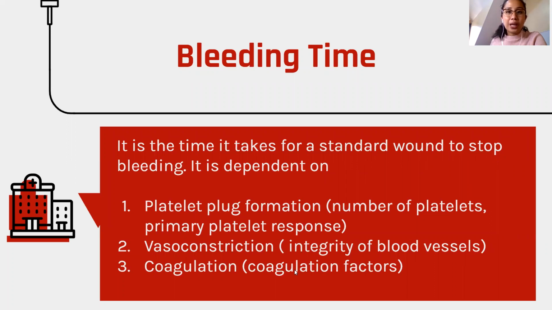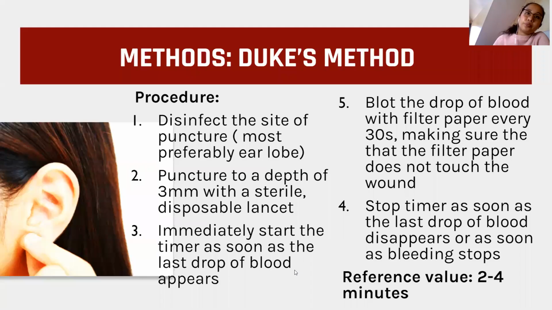So it will depend on the platelet plug formation, so it depends on primary hemostasis. It depends on the integrity of blood vessels, and actually it can also depend on the coagulation factors. But bleeding time is for primary hemostasis class.